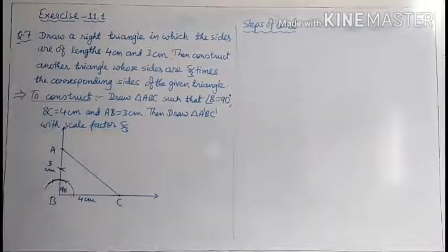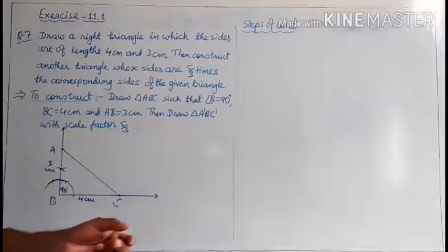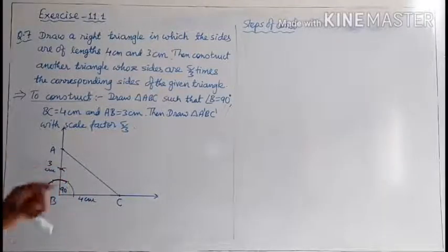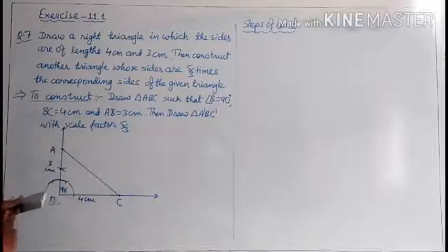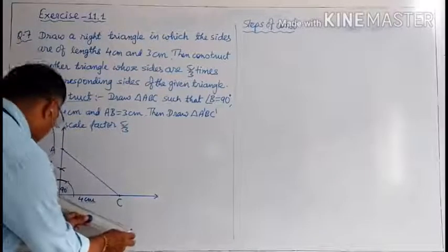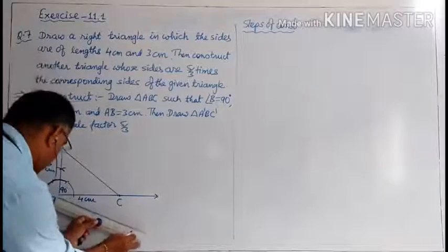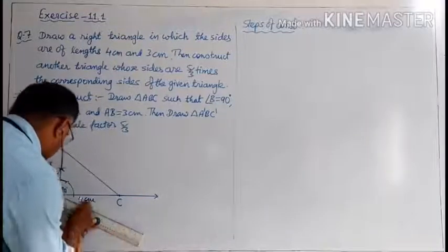Now we have to construct a triangle A dash B C dash with the scale factor 5 by 3. So we have to draw ray BX in the semi-plane not containing A, and we have to get the 5 points on it.